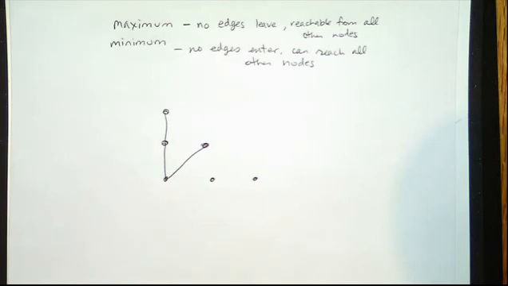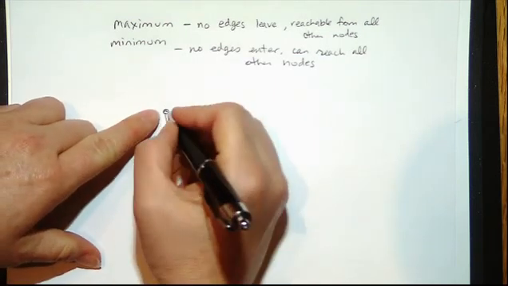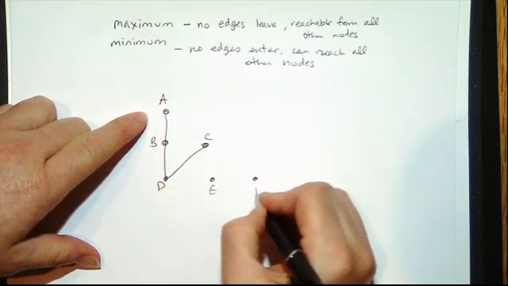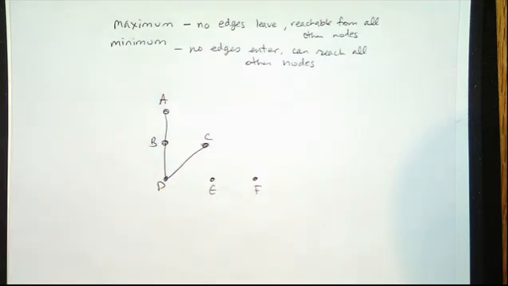And in that case, there is no maximum because I can't reach A, which would be a potential maximum, right? But I can't reach it from E or F. And I also can't reach it from C, because in the Hasse diagram, I'm only allowed to go up, because the arrows actually just go up.